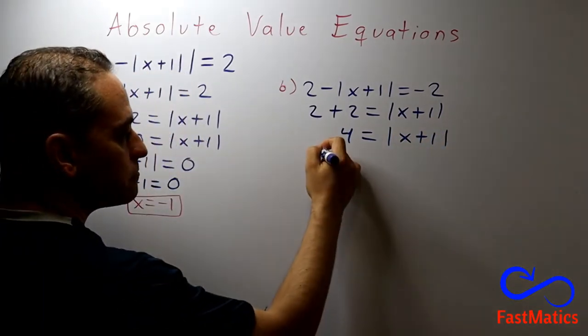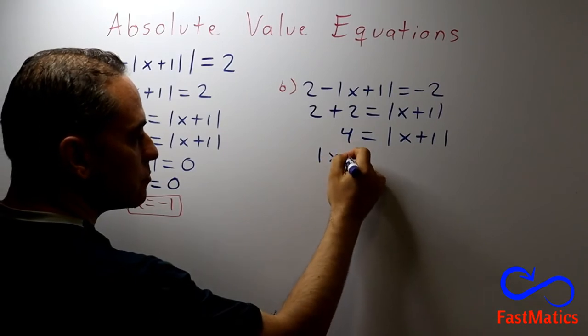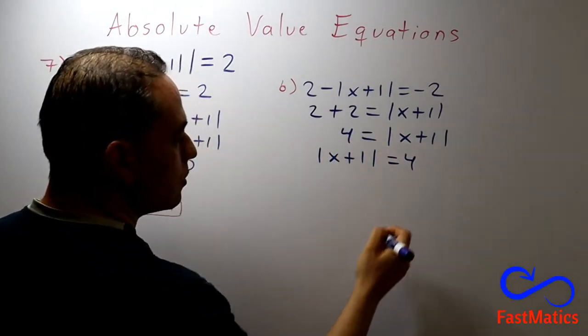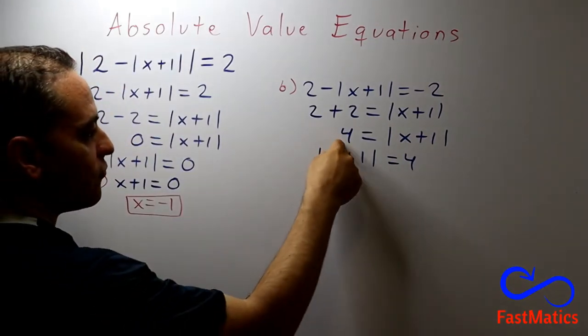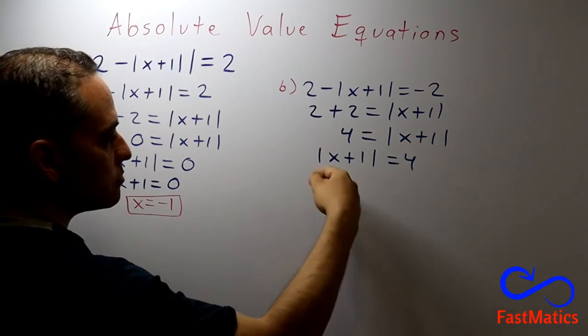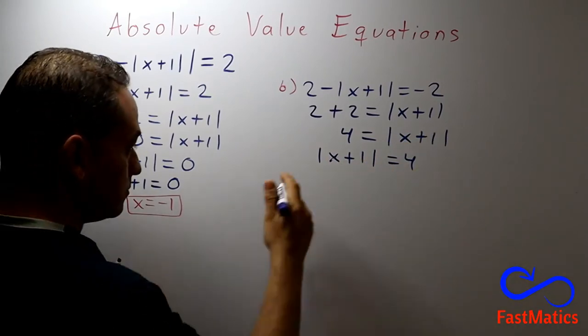And now it is very convenient to write the absolute value of x plus 1 is equal to 4. It is the same to write 4 equals to this part and this part equals to 4.